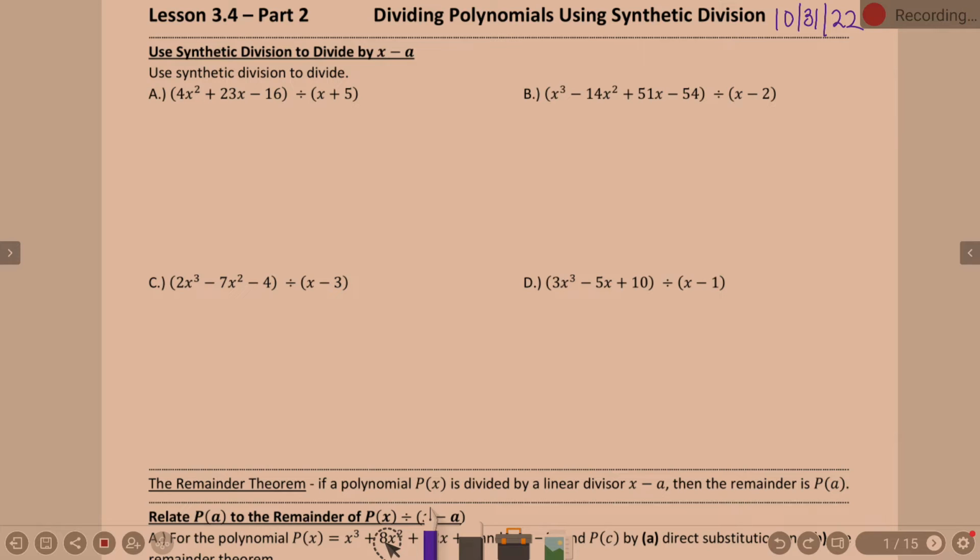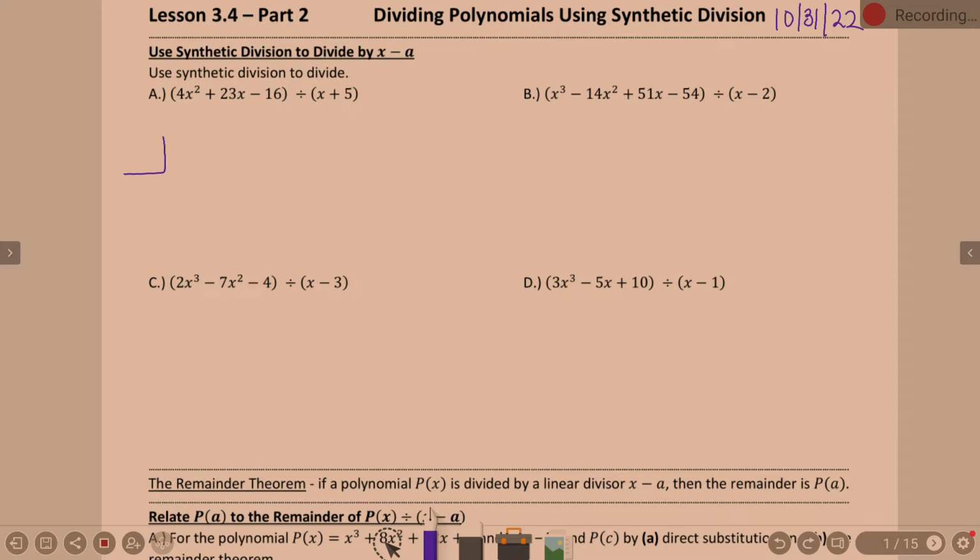Okay? So, when I set up my synthetic division, I set up a box there. That is what we are dividing by. Now, we're dropping out the variables, right? We're dividing by the factor x plus 5.